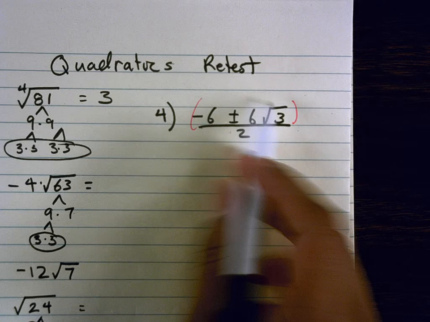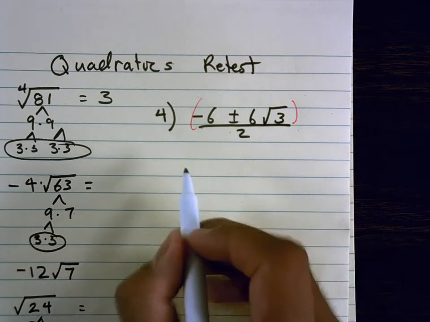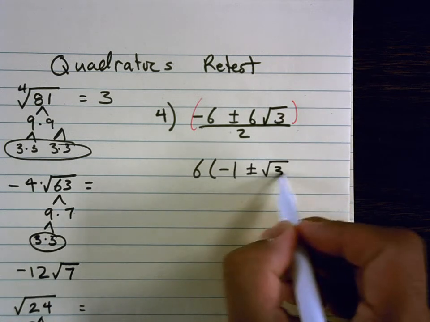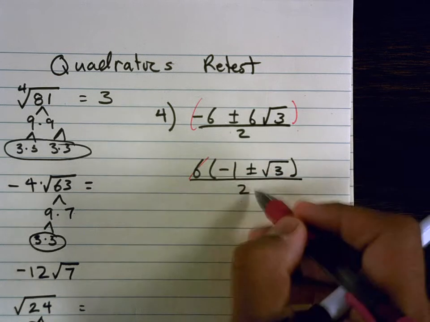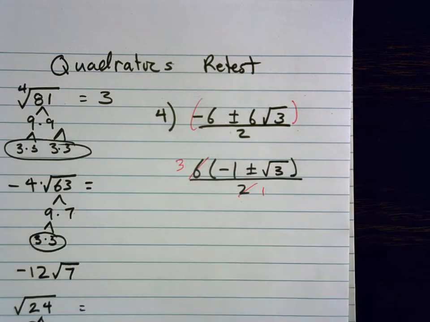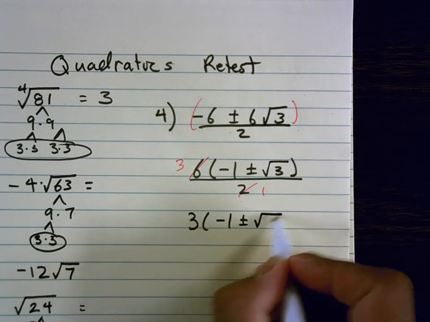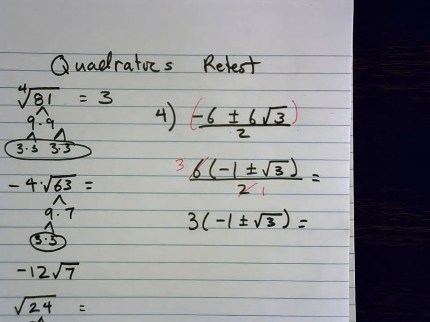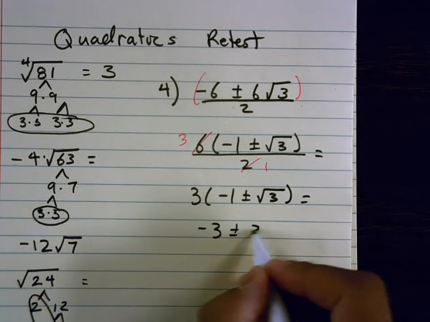So I'm going to take out a 6, the -1 plus or minus root 3 all over 2. Now I can cross this off, leaves me with a 3 and a 1. So I get 3 times -1 plus or minus root 3. You may also see this where they would probably multiply it back in. So they'd be -3 plus or minus 3 root 3.